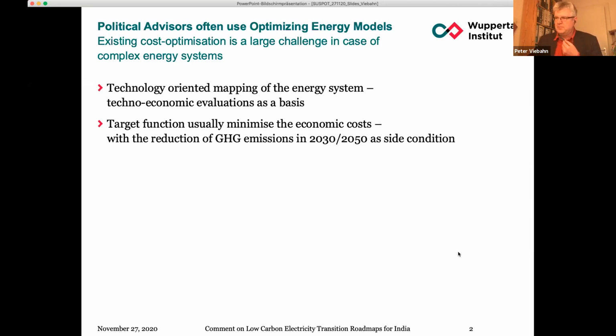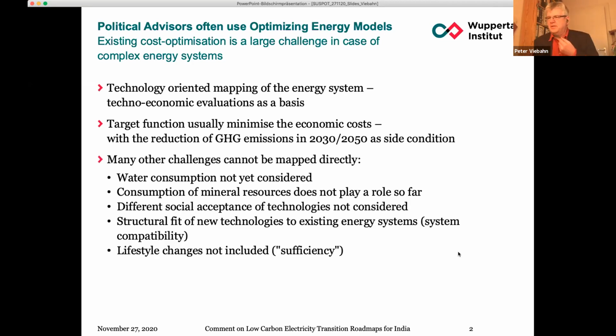But what's missing is that other challenges cannot be mapped directly with energy models. Water consumption is usually not considered, as you showed in your study. Usually no energy model considers water consumption or the consumption of mineral resources. That does not play a role so far.